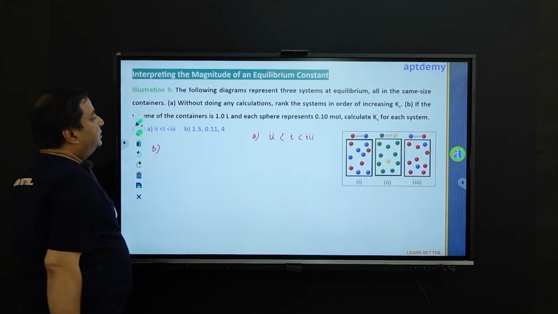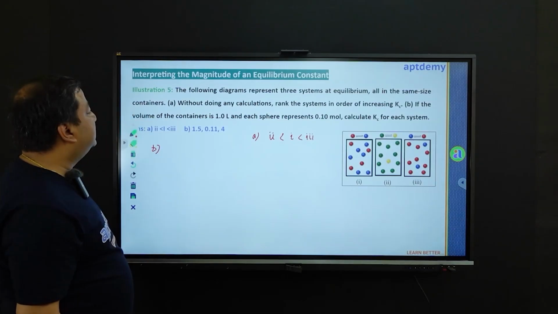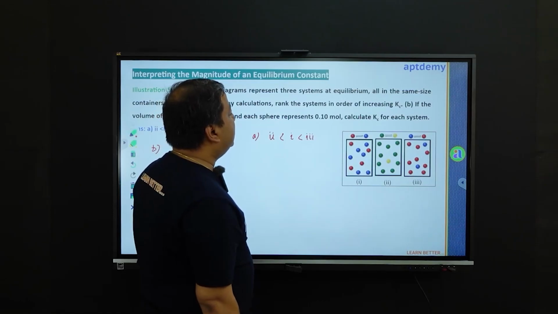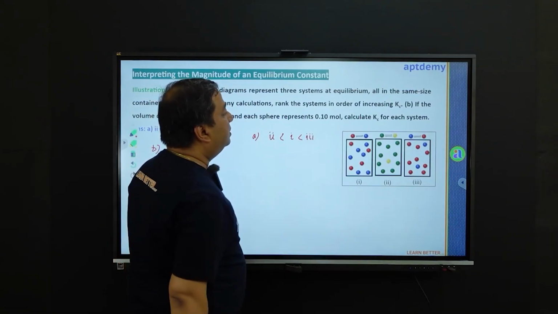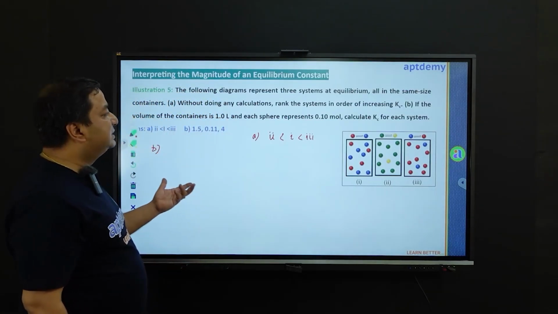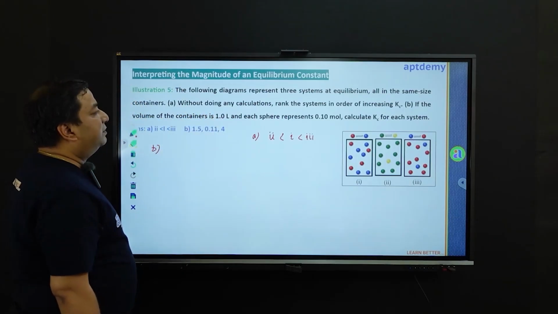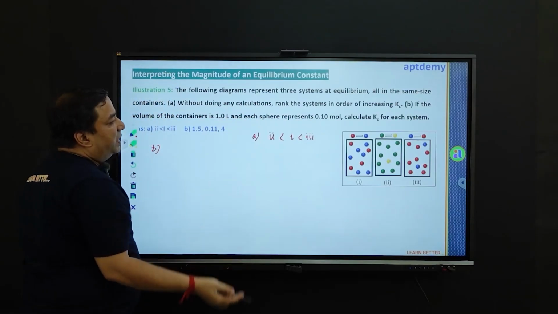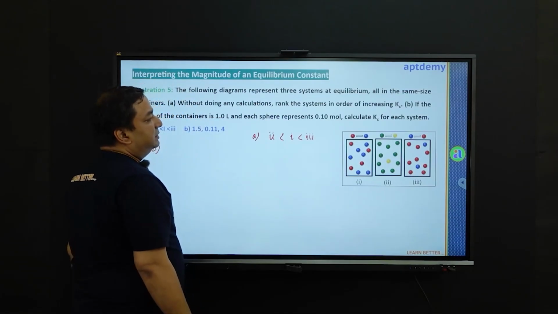Part B of the problem, what does it say? If the volume of the containers is 1 liter and each sphere represents 0.1 mole, calculate Kc. Moles divided by volume is concentration, so 0.1 divided by 1 is 0.1 mole per liter, that is, molar.